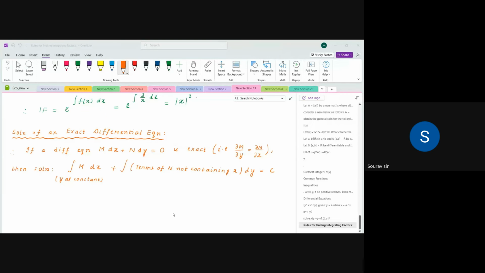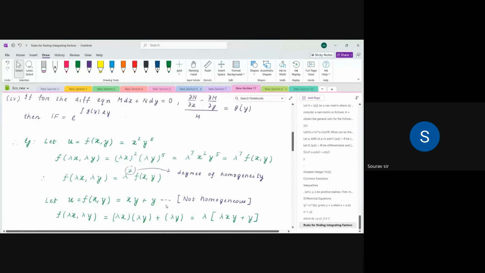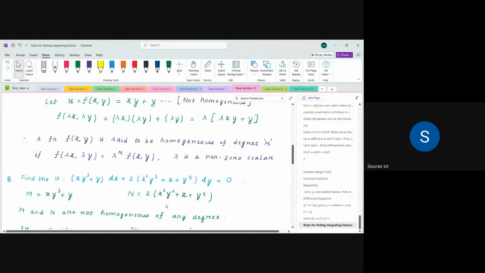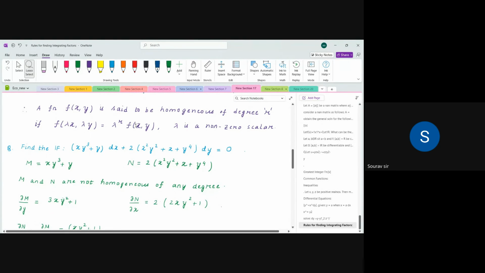All right, let's take the first example to understand this. Let's take a look at the first differential equation that I was discussing.